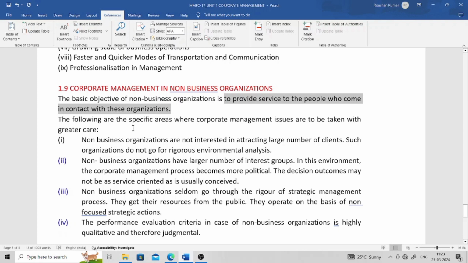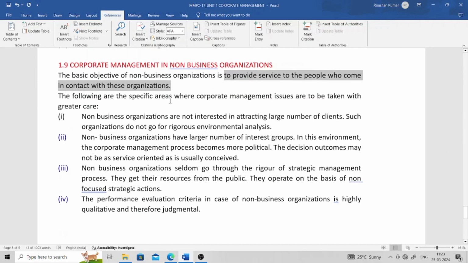The following are the specific areas where corporate management issues are to be taken with greater care. The first: non-business organizations are not interested in attracting a large number of clients. Such organizations do not go for rigorous environmental analysis.